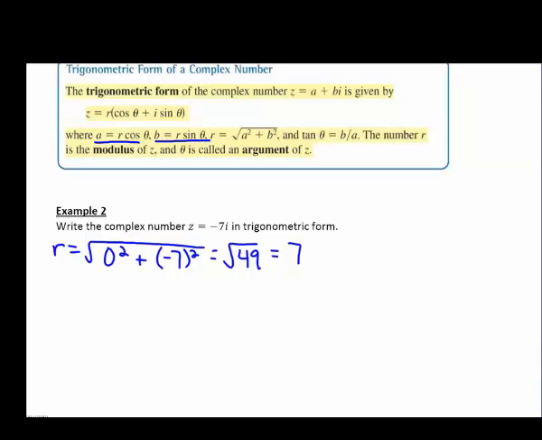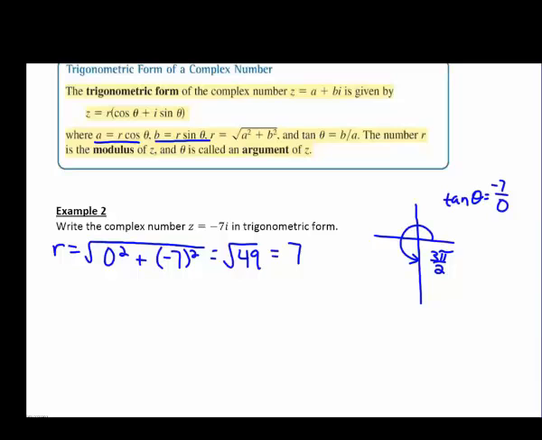And since we had 0 as our x value, and we had -7 as our y value, then you could look at the tangent of theta is -7 over 0, which we know is undefined, and so it would have to land at 3 pi over 2, because that's where you have 0 as your x value on that y-axis, and because the 7 is negative, it has to be down at 3 pi over 2, not pi over 2.